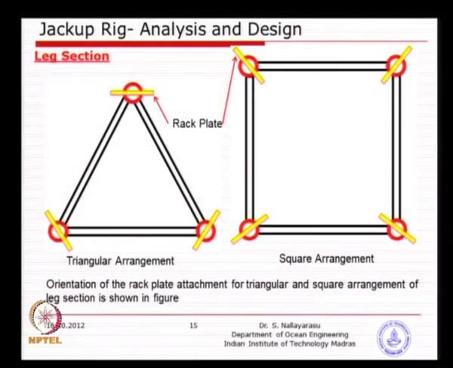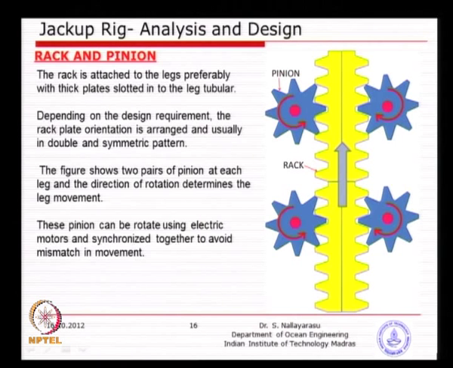So, how is it done? For triangular legs, normally you fabricate using tubular members like this, and these rack plates are just slotted into the circular sections, so that you get enough strength as well as load transfer is easier. So, you have 3 of them slotted inside. If you look from perpendicular to the view, you will see something like this.